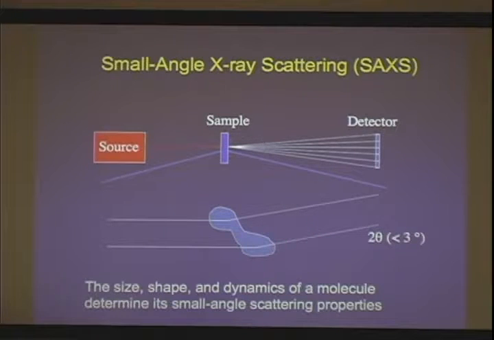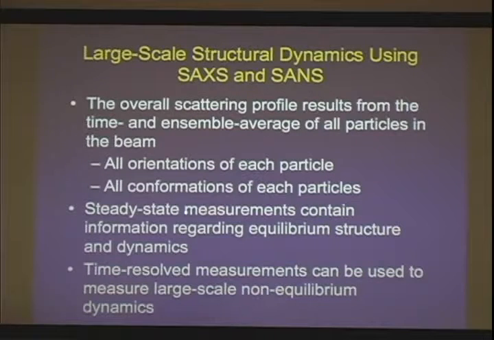We typically want to have a monodispersed system where all the particles are identical, although that's not necessarily the way we design some of our experiments. As I just mentioned, we're looking at all the conformations, but also all the orientations. So essentially, we're smearing out a lot of data, and that's one of the limitations of the method.